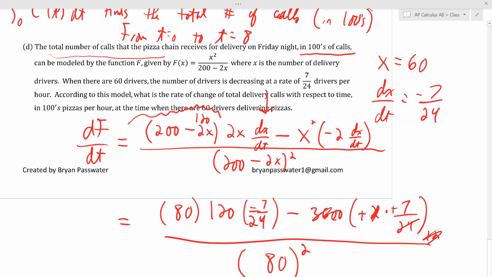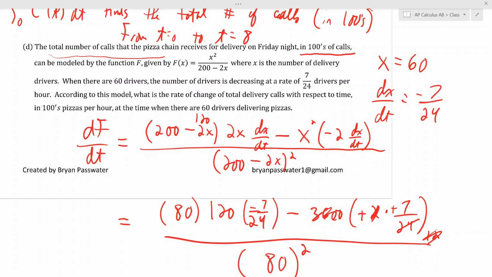And what are the units on this? How are we feeling? Do you guys know what the units on this are? Okay.